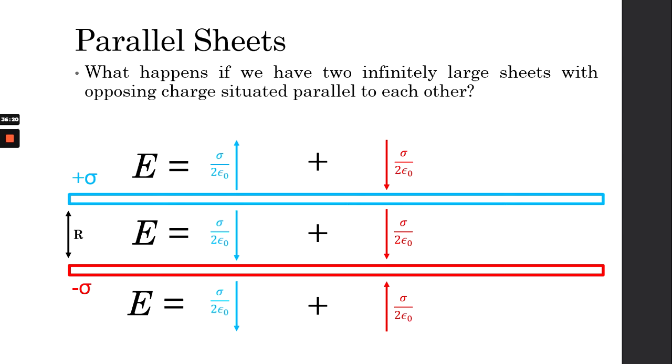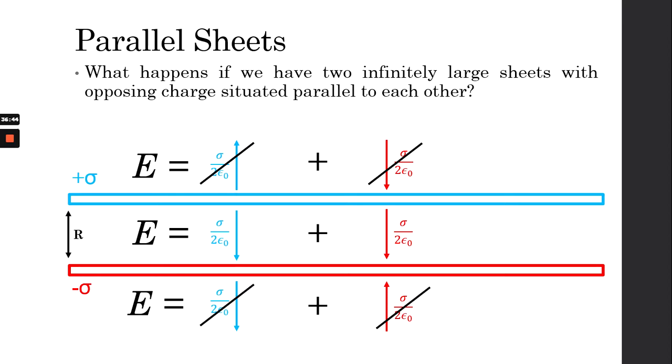And what you notice, if you want to solve for the electric field in this type of situation, for charged sheets situated parallel to each other with opposite signs, the electric field at the top portion, if you notice, this is basically positive and this is negative, right? So what happens is you would cancel these two, and the same in this situation.